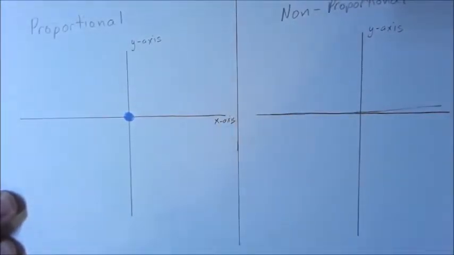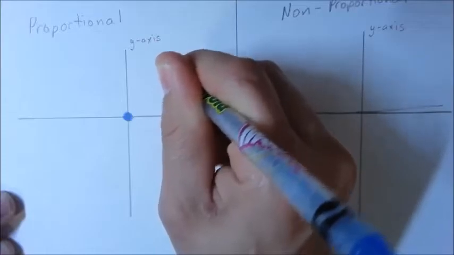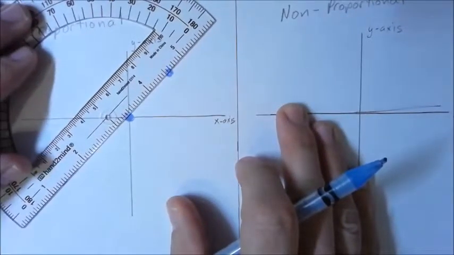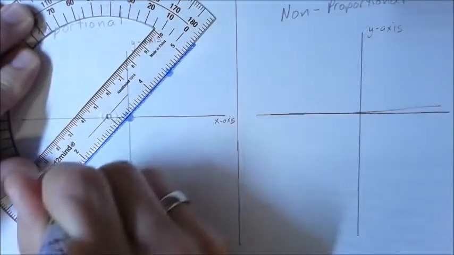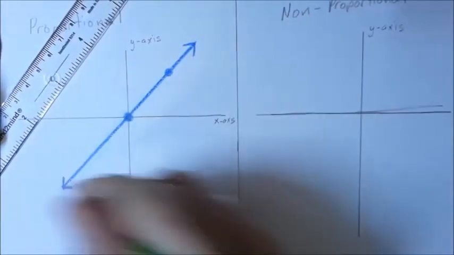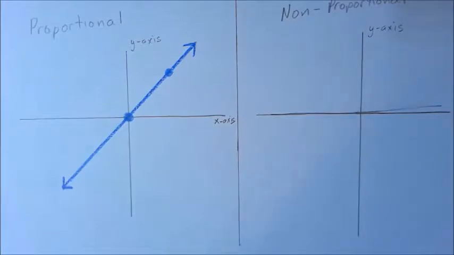It just needs to be a proportional graph, which means it runs through origin. So I'm going to go ahead and use a positive slope and put my second point in quadrant 1. And once I do that, I'm going to go ahead and graph it. And that is my proportional graph.